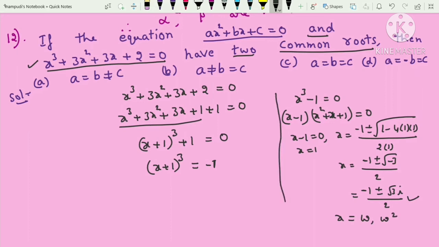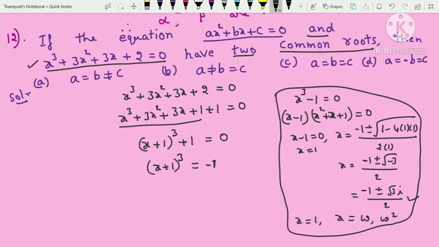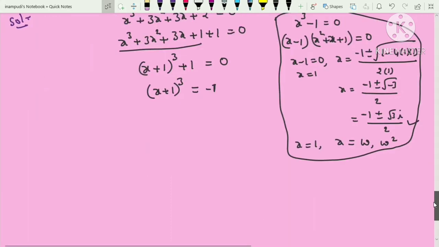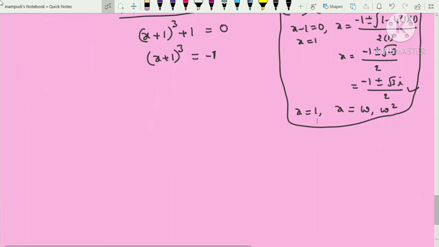These are the 3 roots. Here x is equal to 1, x is equal to omega, and the other one is omega square. Also we can write x cube plus 1 is equal to 0.